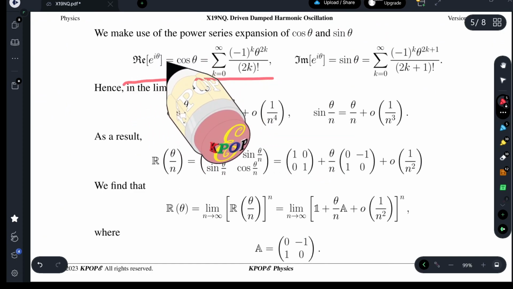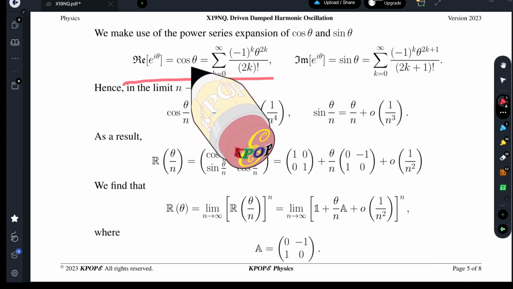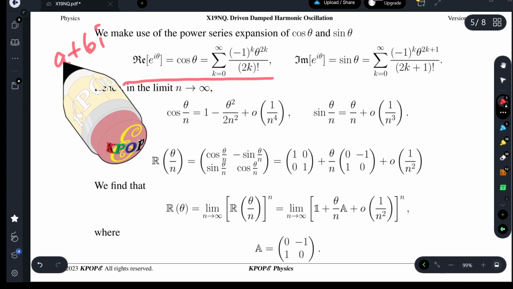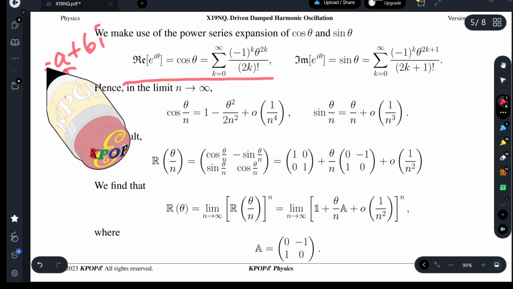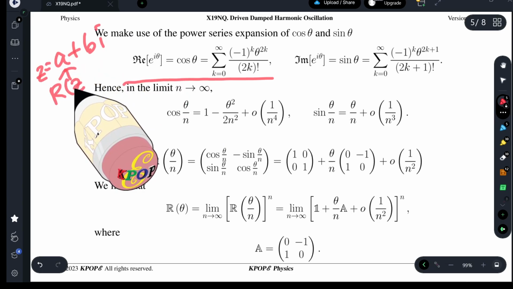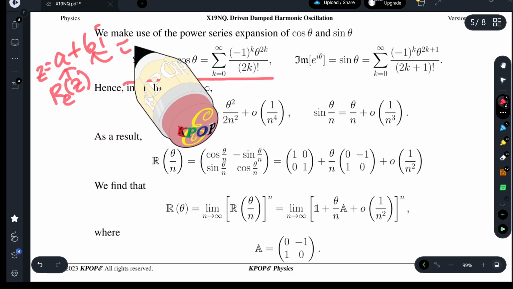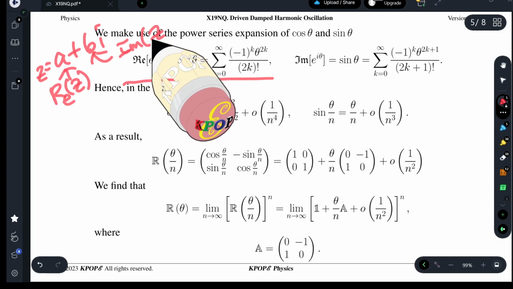Real part of e to the i theta is the cosine. You know, this a plus i b. This is called the real part of the complex number z. And this is called the imaginary part of the complex number z.